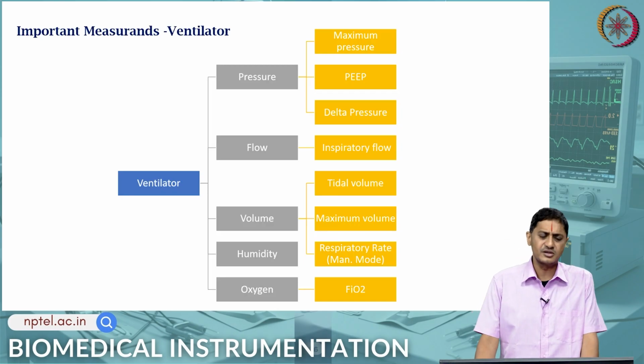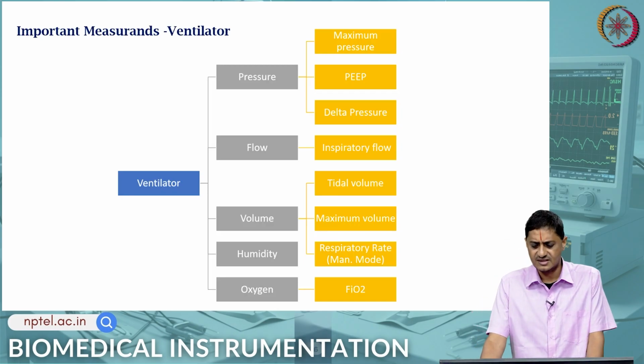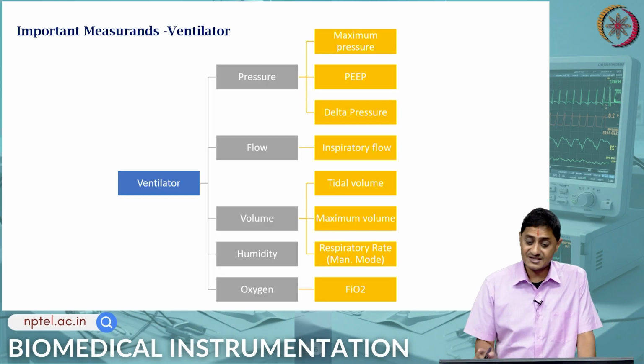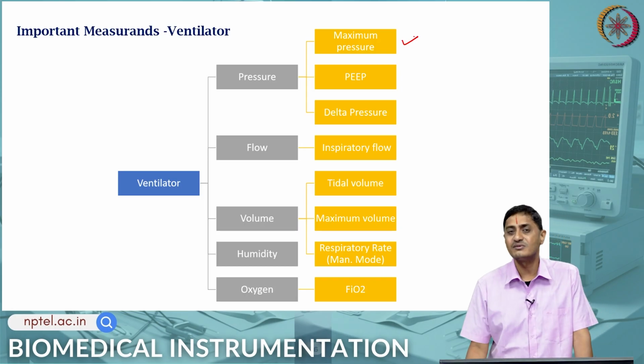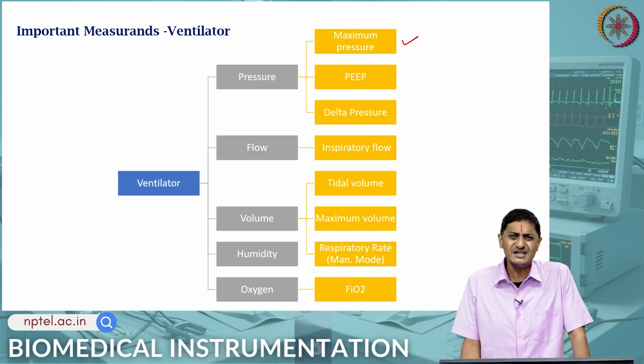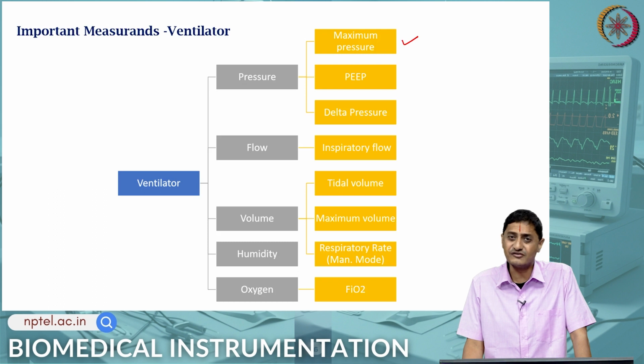What are some of the important measurements in ventilators? On the ventilator side, you have maximum pressure, of course you need to control the maximum pressure. Then you have PEEP. What is PEEP? Positive end expiratory pressure, of course, and then the difference, delta pressure. We discussed these. Then you have flow that you can control, inspiratory flow that you can control.